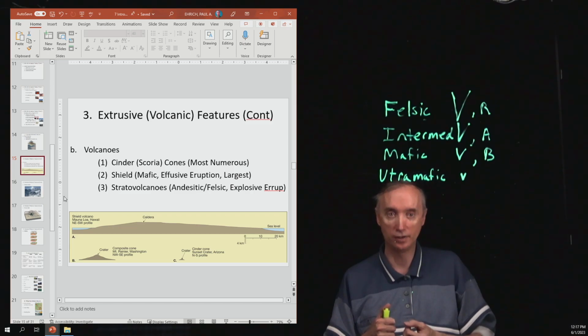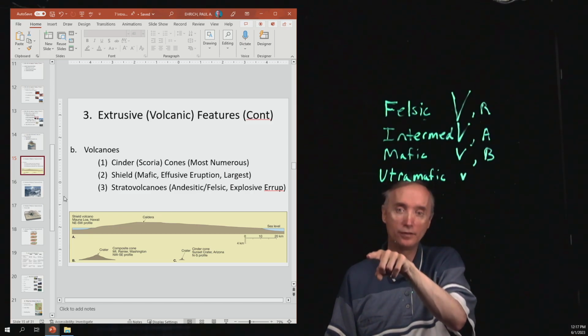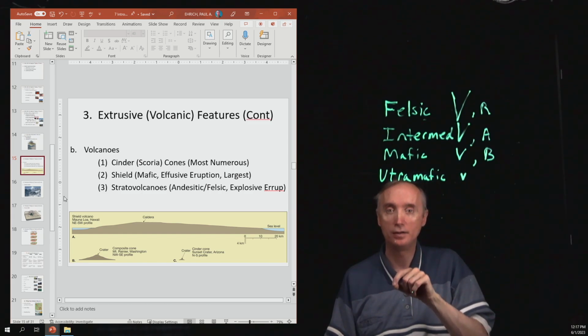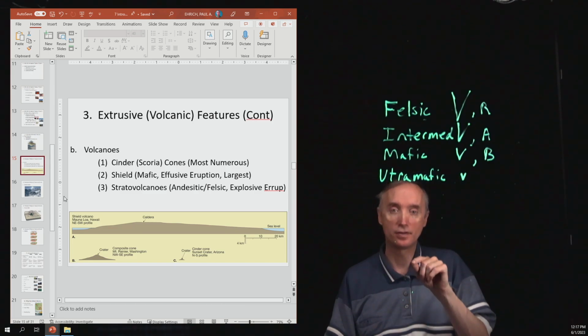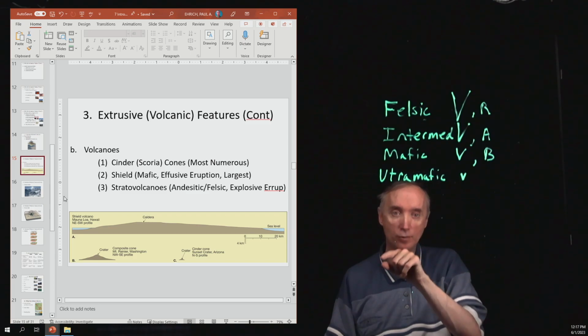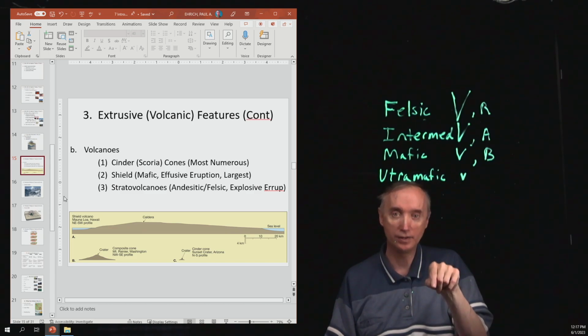The one in the lower left-hand corner would be a stratovolcano or a composite volcano. You can see that they're smaller, so an example of that would be Mount St. Helens. Then the smallest one, on the lower right, is the cinder cone.